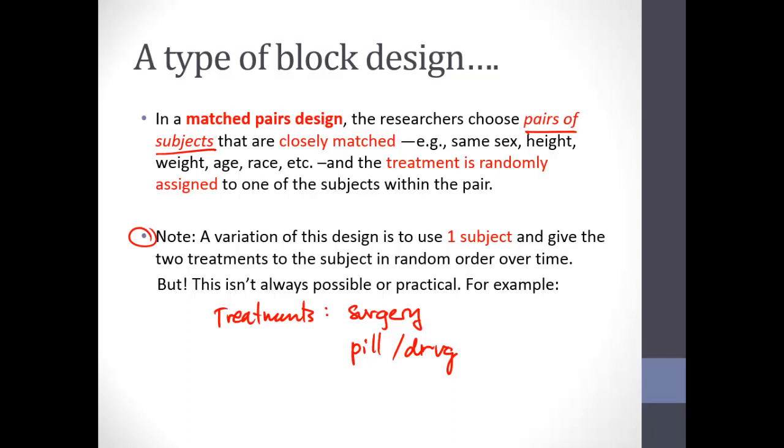If you're one of the subjects who gets surgery first and then later a drug or a pill, how do I know which one of those things actually made you better? So with matched pairs, the ideal situation is when I can give both treatments to the same person, but there is another variation where we can try to match people who are similar.